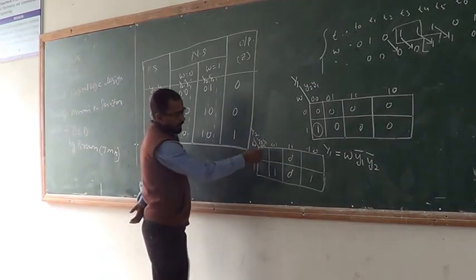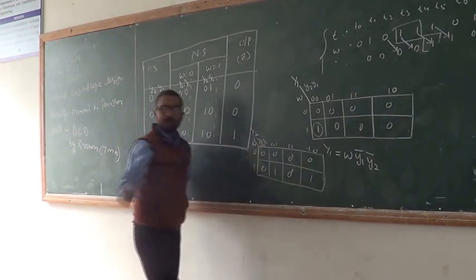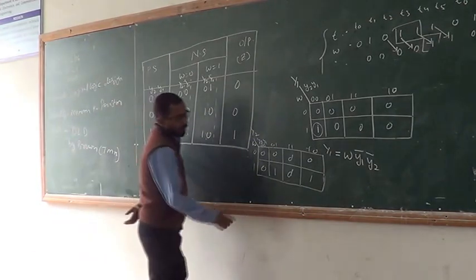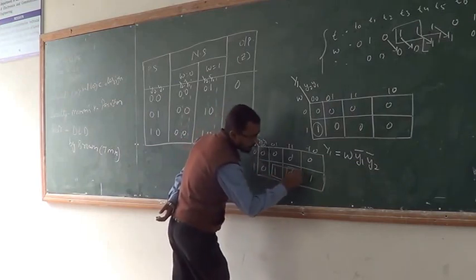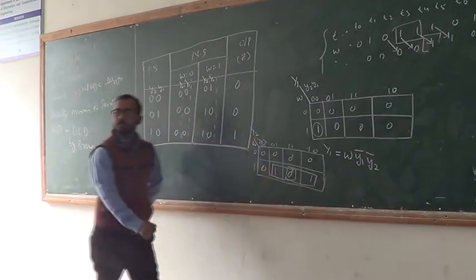Now, the blank places we consider 0-0. That means here the signal does not occur, does not come high. Here make a pairing. This is the first pairing, and this is the second pairing.